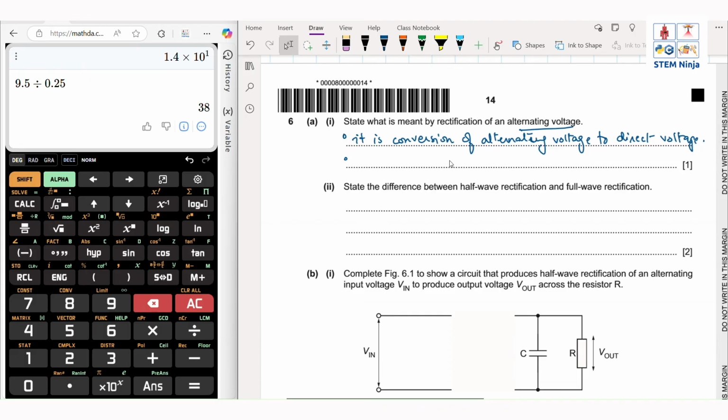You could also say it is the conversion of alternating current to direct current.